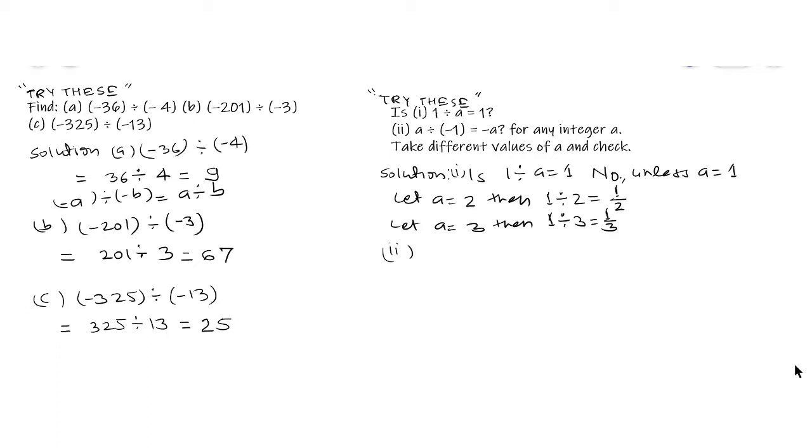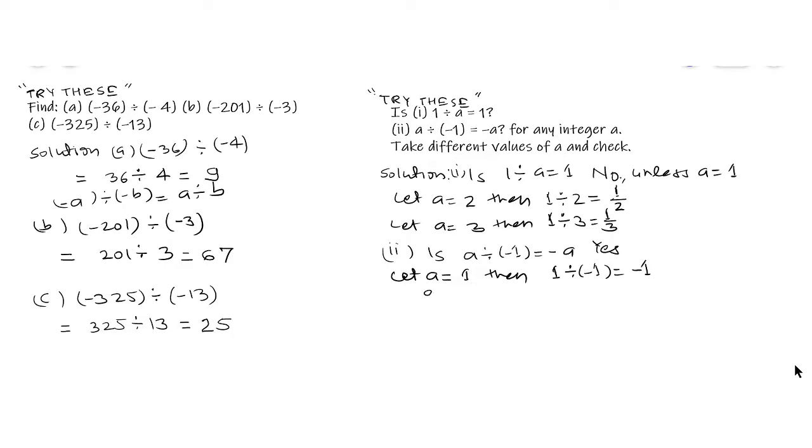Is a divided by minus 1 equal to minus a for any integer a? So we say that a divided by minus 1 equal to minus a, our answer is yes, and we prove it by some examples. Let a equal to 1, then 1 divided by minus 1 equal to minus 1, which is minus a.